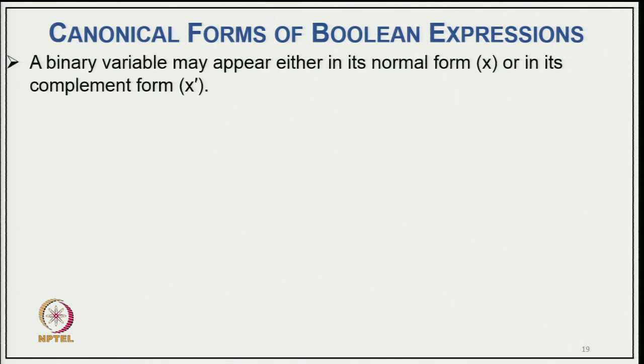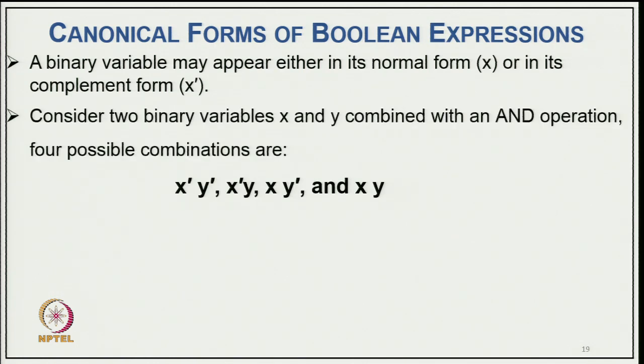The complementary form is normally called x dash if the normal variable is x. Consider two binary variables x and y combined with the AND operation. There are 4 possible combinations: x dash y dash, x dash y, x y dash and x y. These are the 4 possible combinations of the variables and their complements with the AND operation, and we call them min terms.